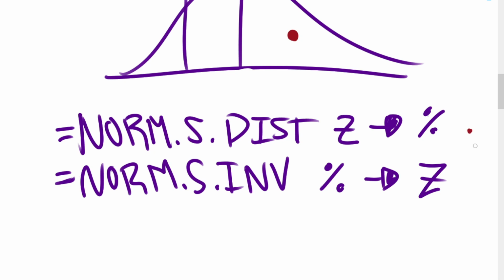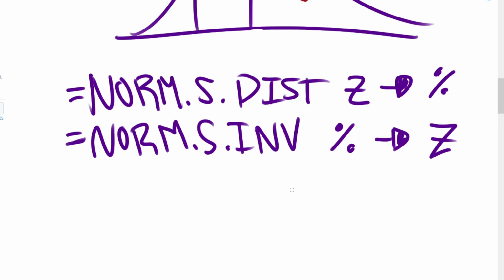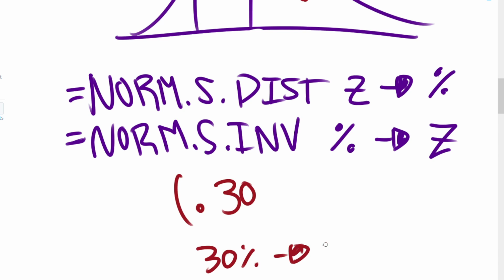It returns back a decimal. And just as a note, when you are plugging in norm.s.inv in your parentheses, you don't want to put it in percent form. I don't remember if it works, but to stay on the safe side, do it in decimal form. So if you were doing 30%, turn it into a decimal.